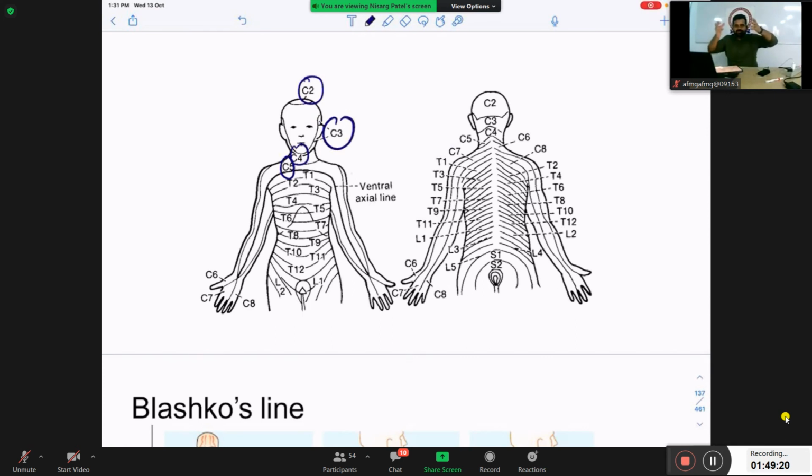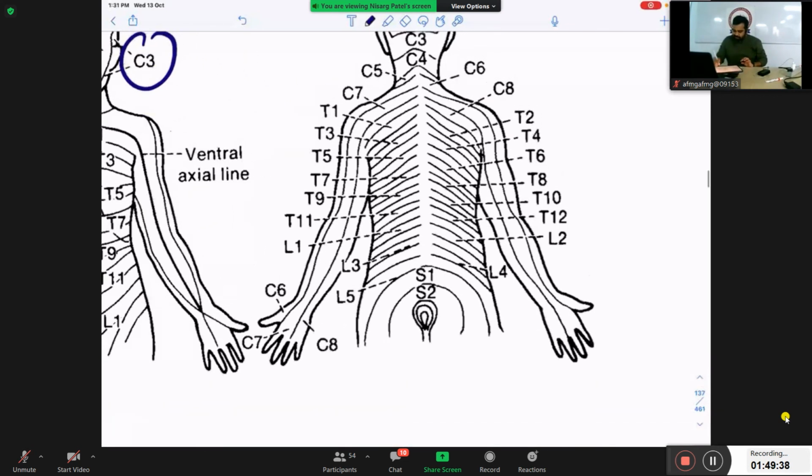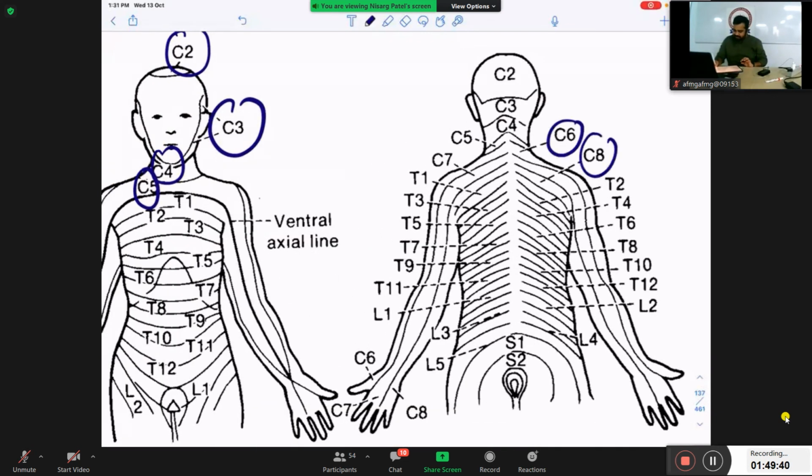You all know spinal cord is giving away dorsal root and anterior root, and then it is innervating my skin. These are the areas which are innervated by the particular spinal cord level. These are known as a dermatome. Right? So these are the dermatomes: C6, C8, T2, T4, T6, and all.